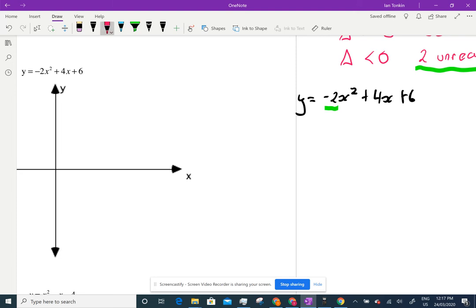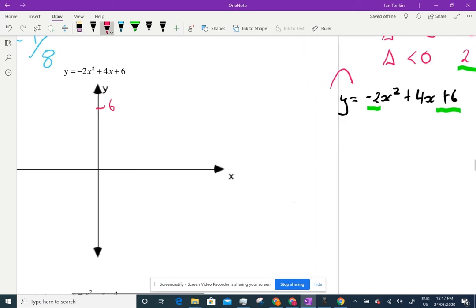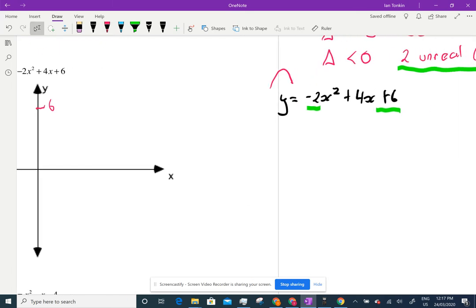Well, this is a negative parabola. And it's pretty steep because 2 is a reasonably big number. So it's going to be a steep one. The y-intercept is 6. So it's going to go through 6. Now, straight away, I know there are going to be roots because if it's going through 6 and it's negative, it's going to have to cut the x-axis. So I know I'm going to have to find these.